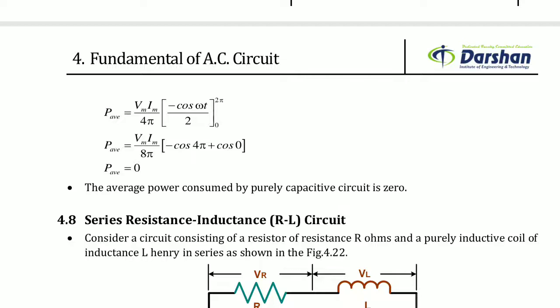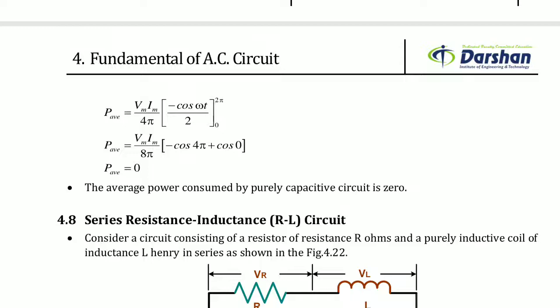The average power in the inductor is 0, that means the power consumed by the pure inductor is 0, and the current in the inductor is lagging by 90 degrees.